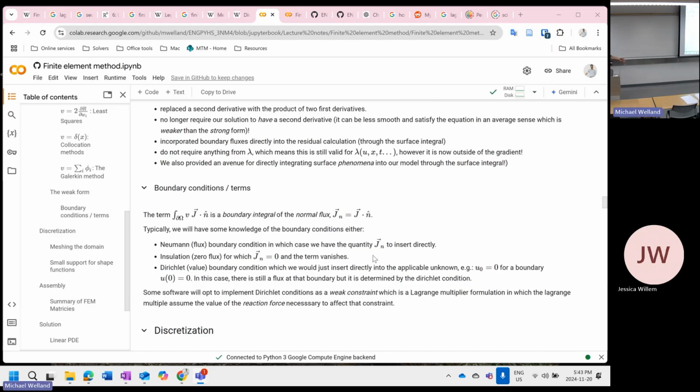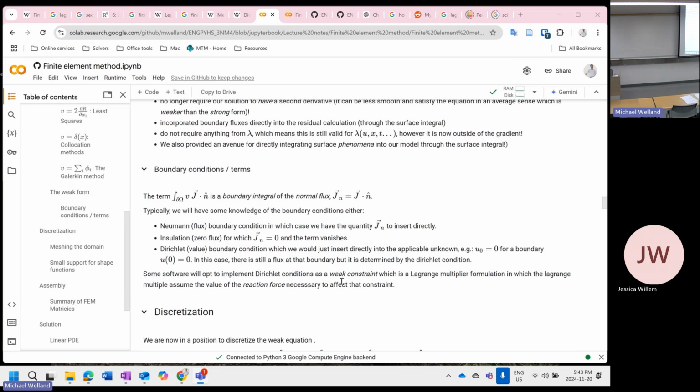Or you ignore the term entirely, make it 0, in which case what you have essentially done is said that it's insulative, which is also very common, right? No flux loss. The next one is Dirichlet. Right? Dirichlet is when you're saying the temperature here is this number. What you do in order to do that, you don't put anything into this term.